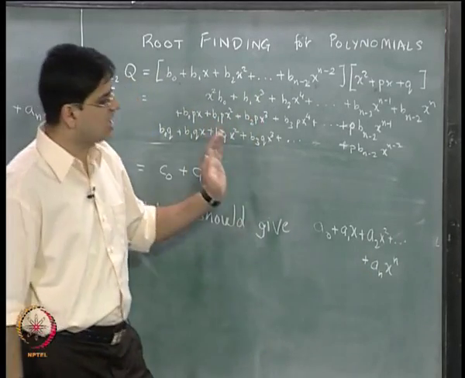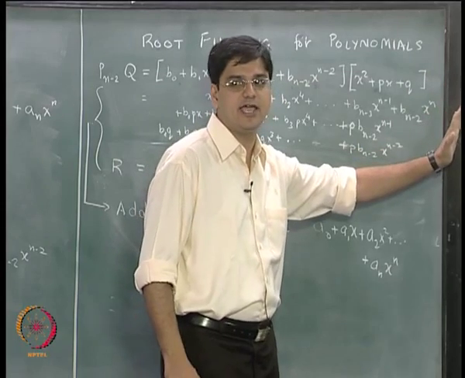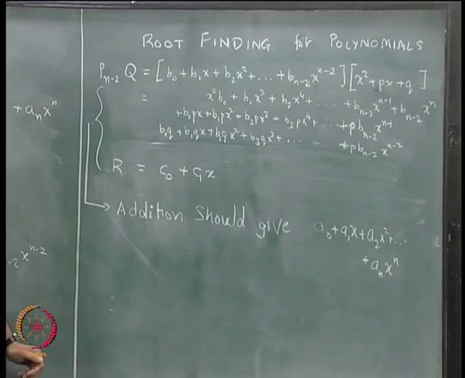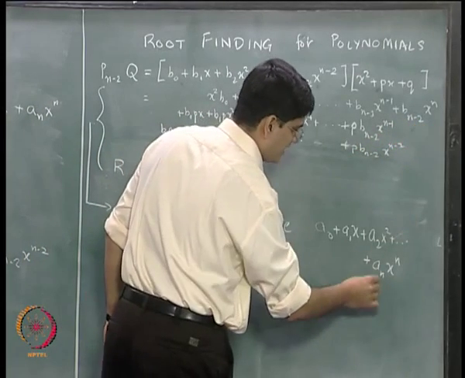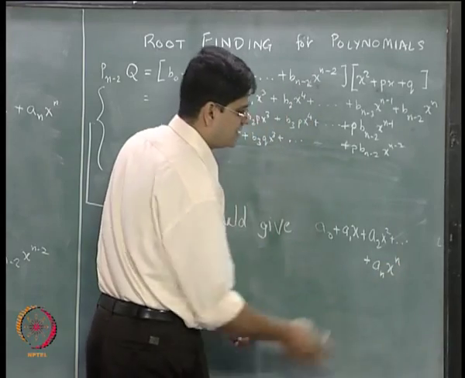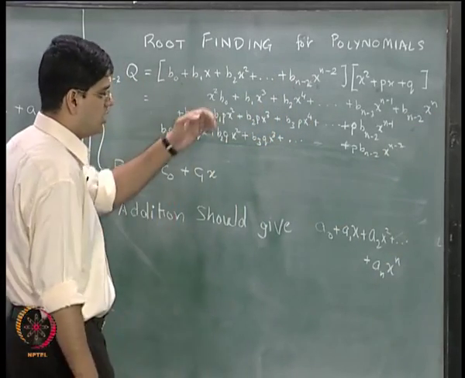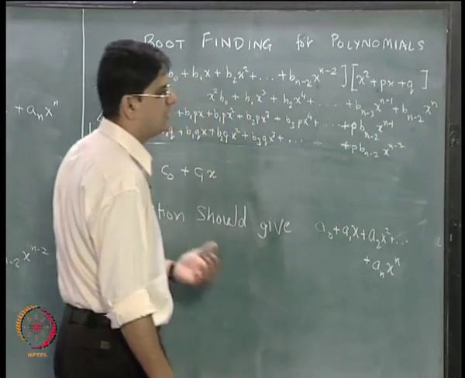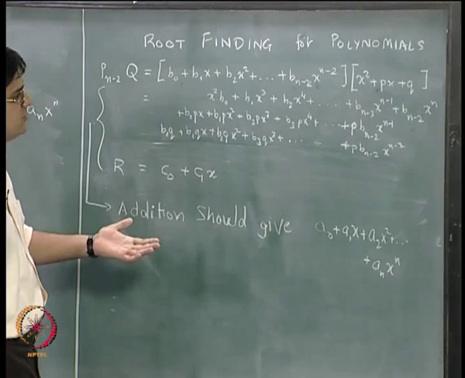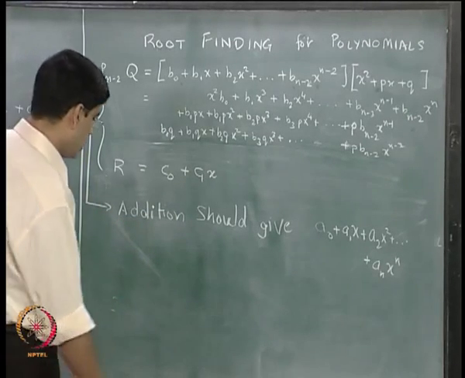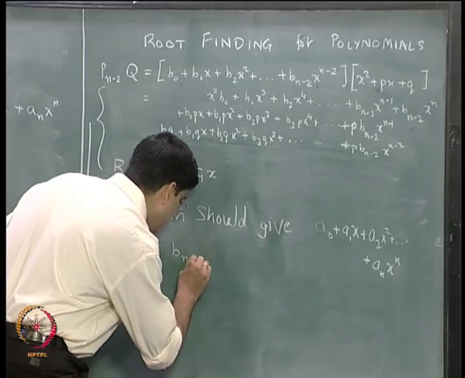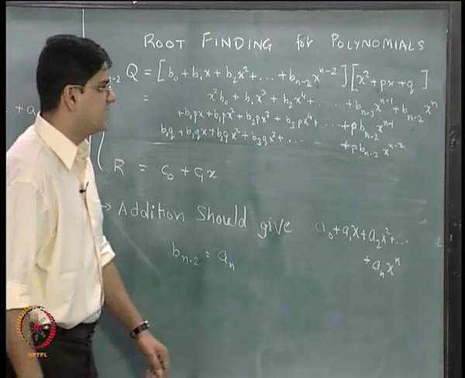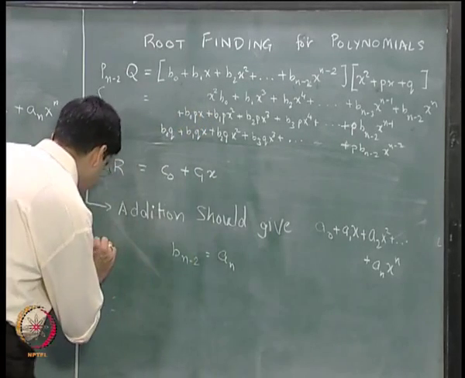Now what we will do is start at the other end, at the nth power of this particular term, and start moving towards the lower powers. So bn minus 2 x to the power n, and then we have an x to the power n. These have to be equal. For these two things to be equal, essentially every coefficient of x to the power 1, x to the power 2, x to the power 3 and so on up to x to the power n should be equal to the original coefficients, which gives us essentially bn minus 2 is going to be equal to an.